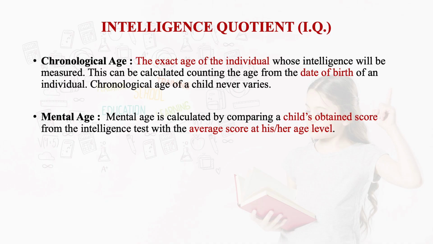But mental age varies. Mental age is calculated by comparing a child's obtained score from the intelligence test with the average score at his or her age level. Just like you have administered an intelligence test for 14th age group students, what should be the average?